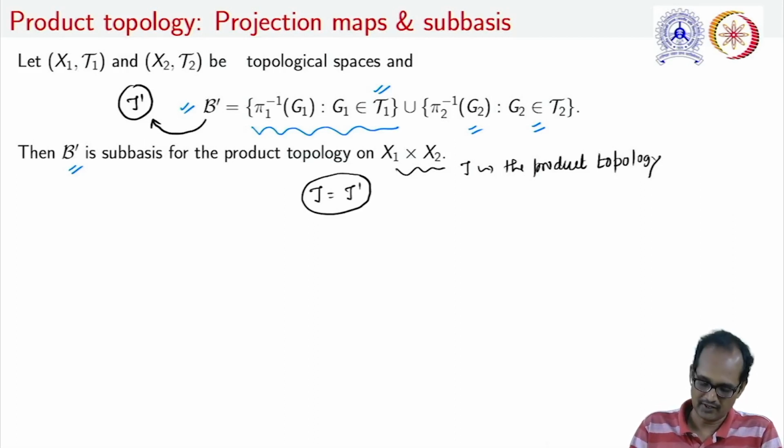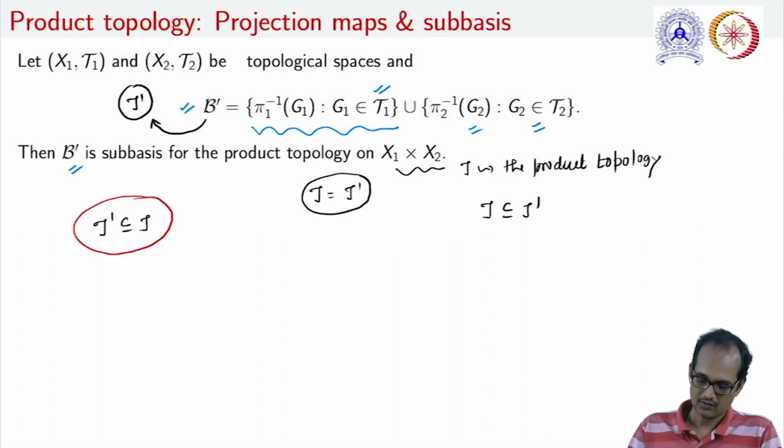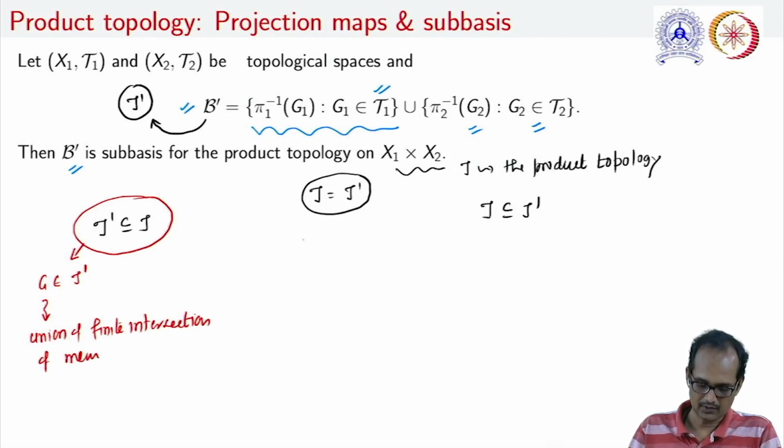So what we have to justify is that tau dash is coarser than tau, and also that tau is coarser than tau dash. If we look at this inclusion, and take any G belonging to tau dash, what about this G? G will be nothing but a union of finite intersections of members of B dash.